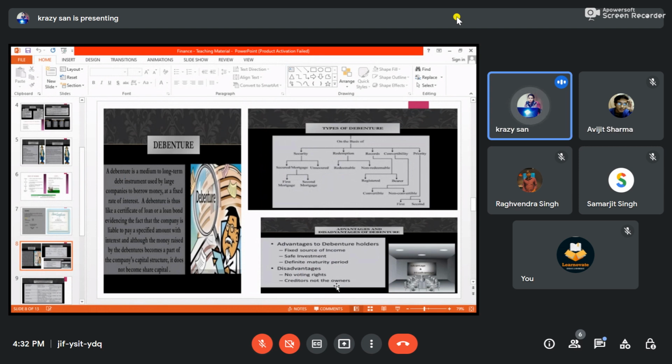It depends on the company's requirement of capital structure for the company's expansion or running. So what are actually the advantages of debenture holders?